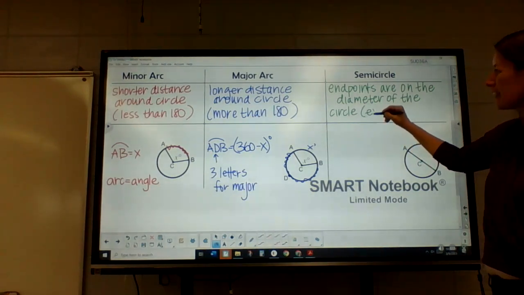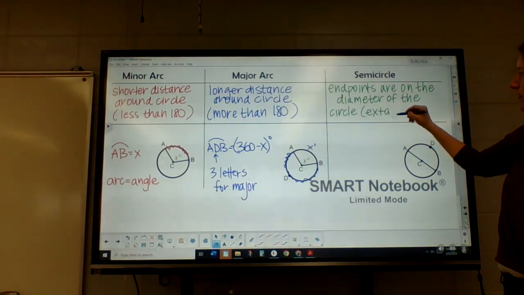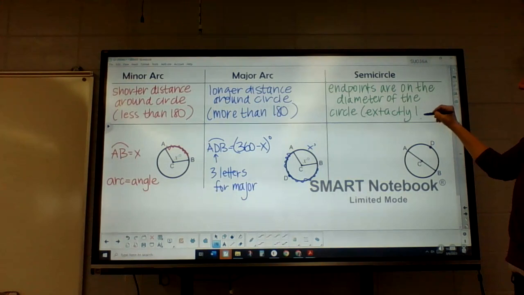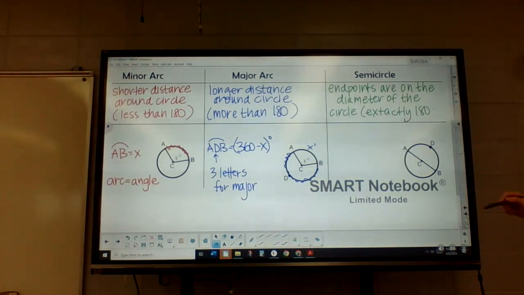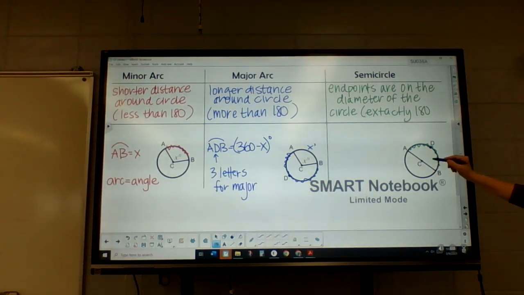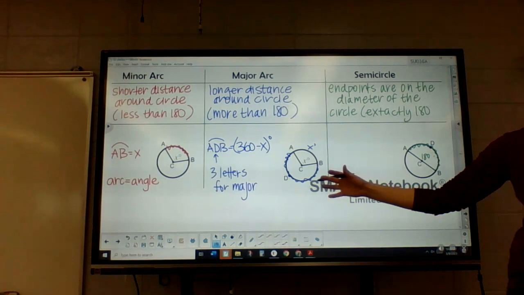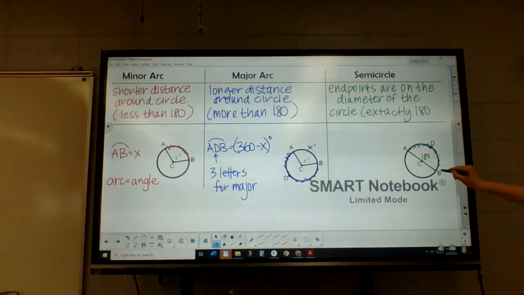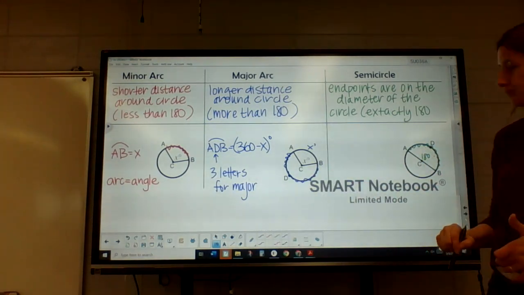This one's exactly 180 degrees. And it doesn't matter really which way we go to measure, it's just going to be 180 because this is a straight line. So our diameter goes all the way across our circle, which our diameter is AB.